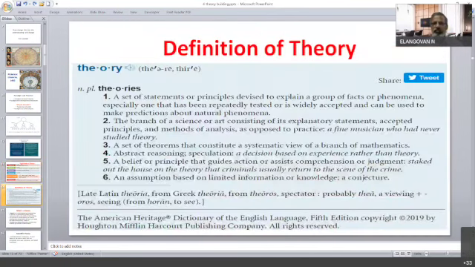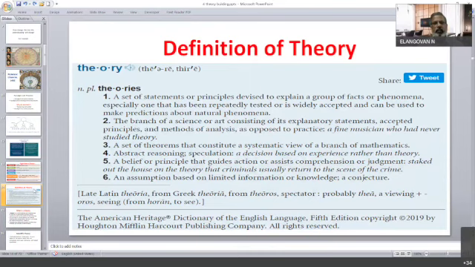The exact definition of theory, if you look at the Heritage Dictionary: theory is a set of statements or principles devised to explain a group of facts or phenomena. That's what we saw earlier.